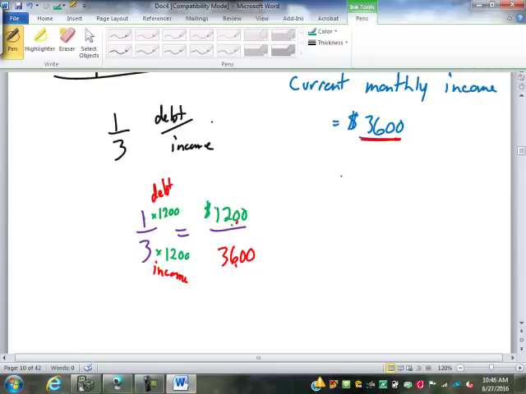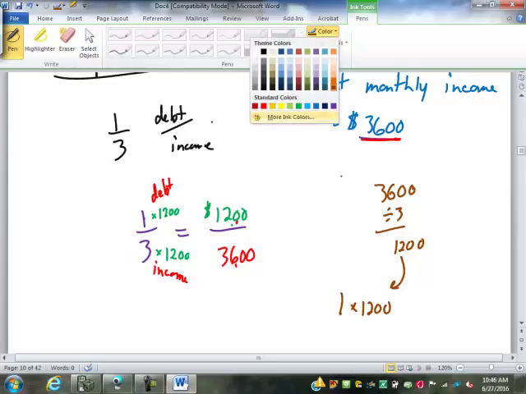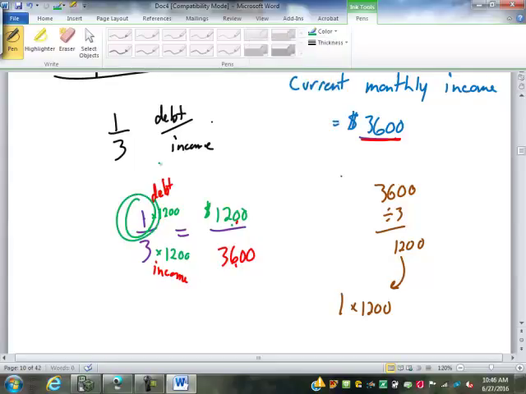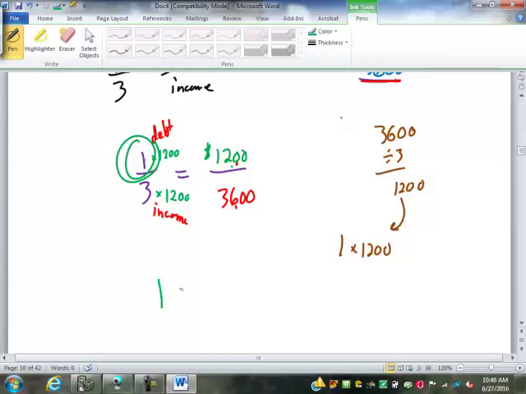That process, however, is pretty tedious. If you look at what's happening there, you take the 3,600 divided by 3 to get the 1,200, and then you take that 1,200 and you multiply the 1 by it, right? So what we are doing is we're taking this 1 and multiplying by the 3,600 divided by 3.